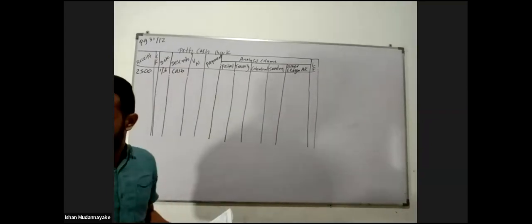Okay, there. Right. Petty cash book debit, 2,500.